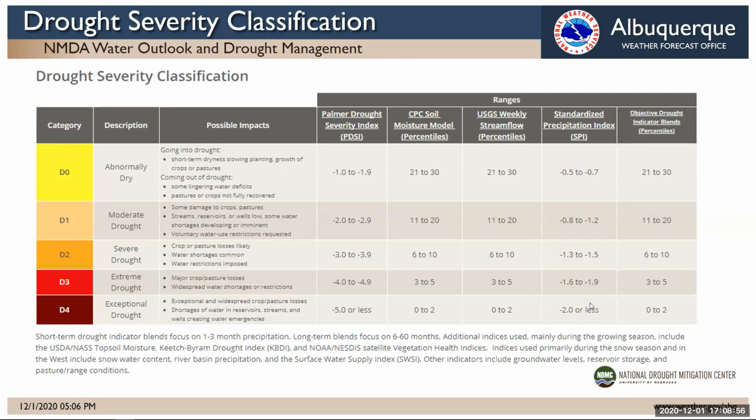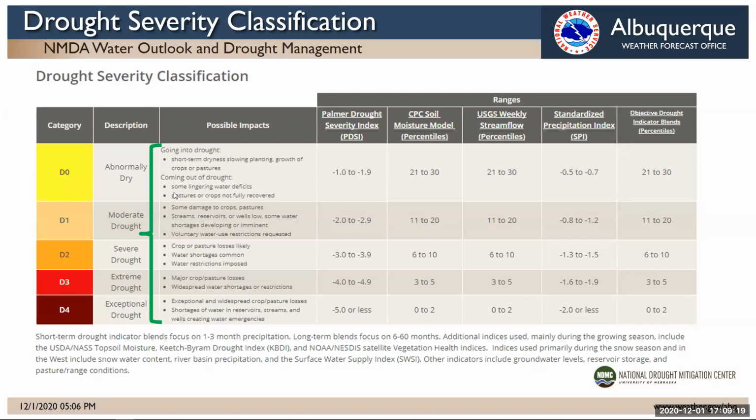So what does this drought classification really mean when you see the drought monitor? You have 5 categories you can see on the U.S. Drought Monitor. D0, this top one, is abnormally dry, all the way down to exceptional drought, and a good chunk of New Mexico is in that exceptional drought. Now, people see this chart and their eyes immediately go to the possible impacts. And the emphasis here is possible.